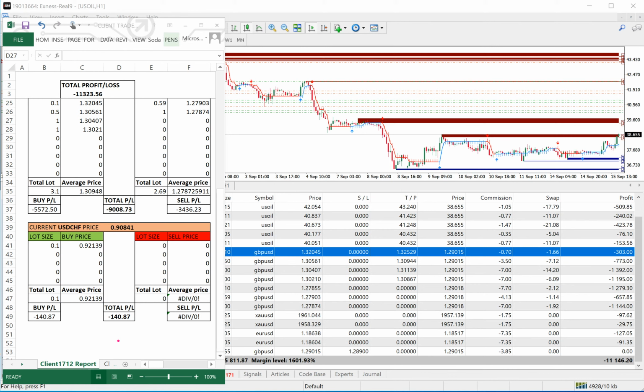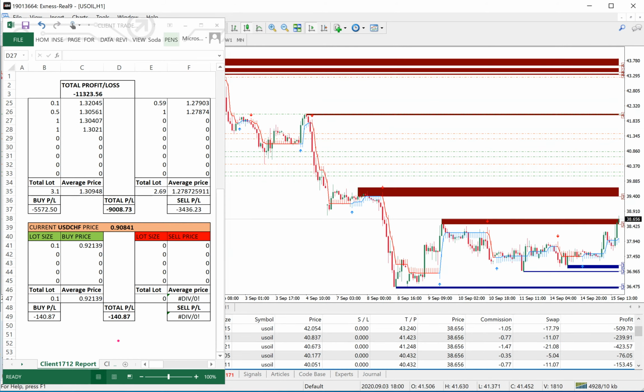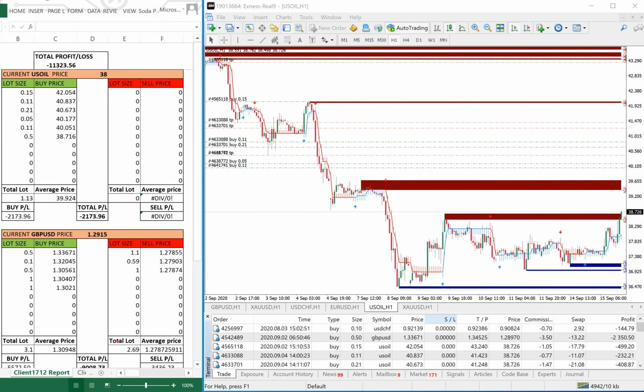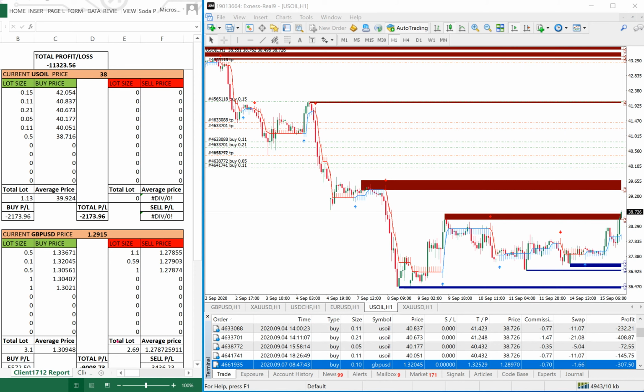We'll start with US oil first, and we will open the chart of US oil only, and we can see what his trading pattern is and how we can cover the losses on that part. As you can see on the USOIL chart, he opened the position on 4th September.